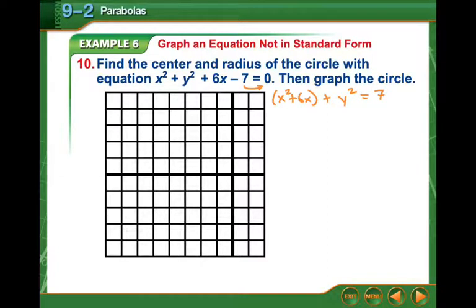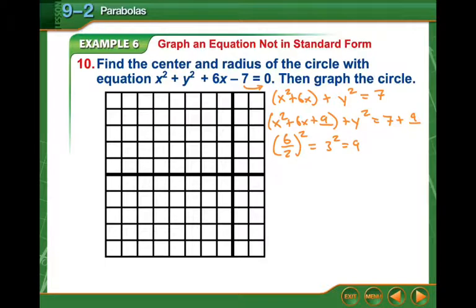So completing the square means we've got to add something into the parentheses and on the other side of the equal sign. So x squared plus 6x plus something there plus our y squared is already good equal to 7 plus that mystery number. So taking our 6, dividing by 2 and squaring, completing the square, gets us 3 squared, or 9.